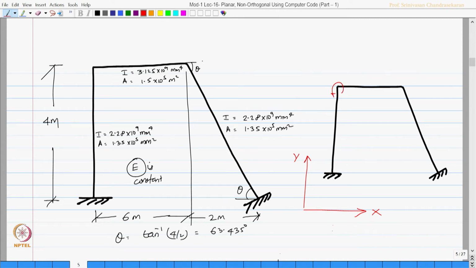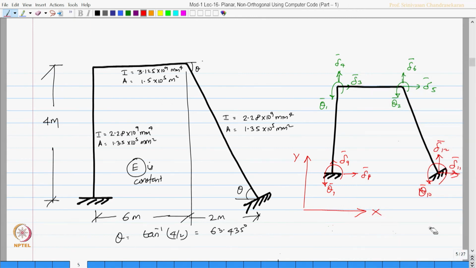So, this is going to be unrestrained degrees theta bar 1, theta bar 2, delta bar 3, delta bar 4, 5, 6, 7, 8, 9, 10, 11.